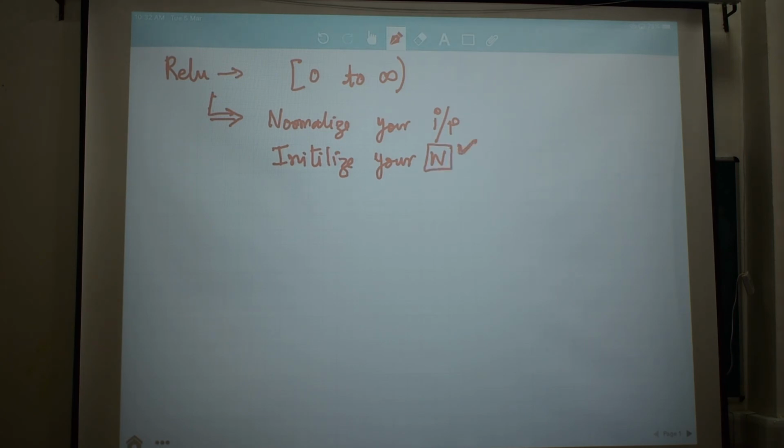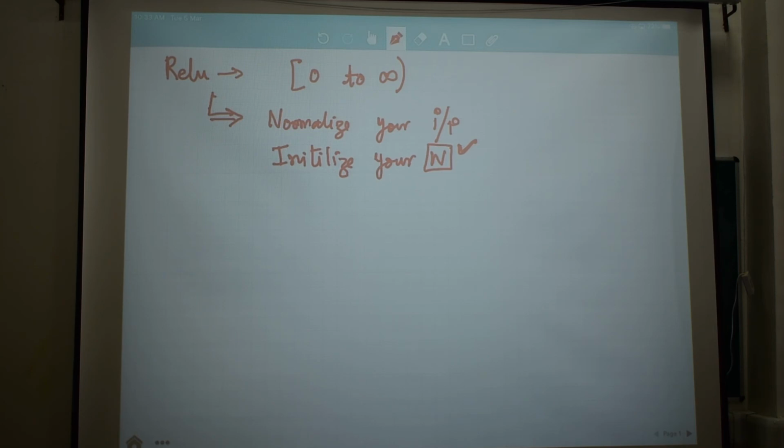Your weight vectors are also going to be properly initialized, because if they are not, then some neuron will take things to some other zone. That is why the weight vectors are normalized, and we do not want very high weight vectors. Because if the weight vectors are very high, one input going inside a neuron gives a very high value of summation Wi xi plus the bias.